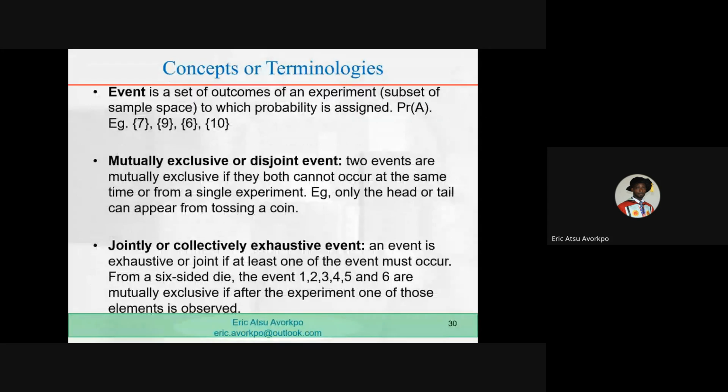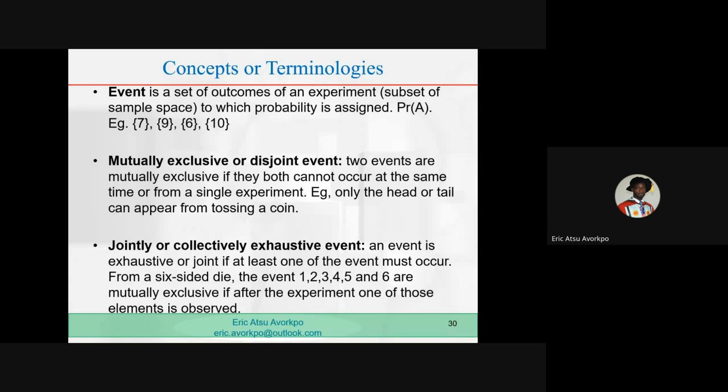Now, an event is a set of outcomes of an experiment. So typically, we are saying that a subset of a sample space is what we call an event. Some portion of that is an event to which the probability is actually assigned.